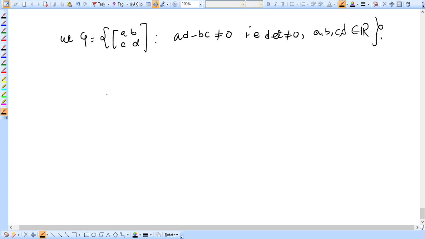So therefore we took, let us take 3 elements from this G, and let us try to look at the 4 properties, whether or not it is satisfying 4 properties. First is closure property.